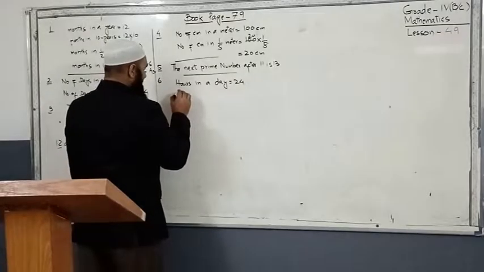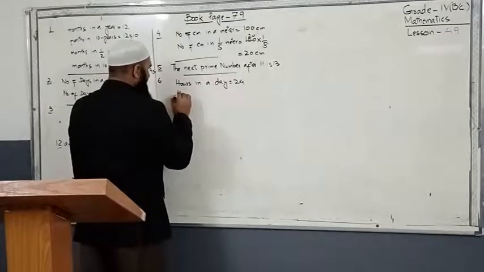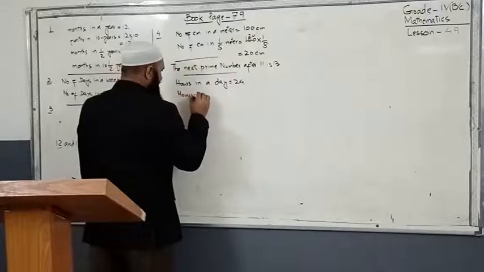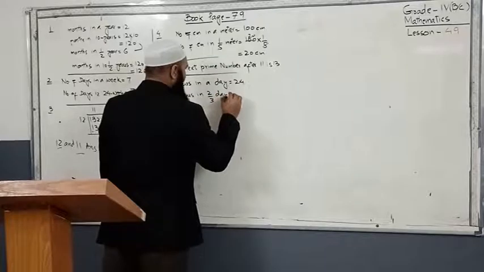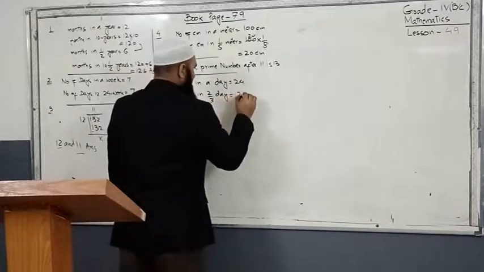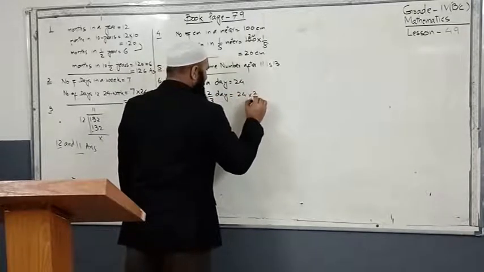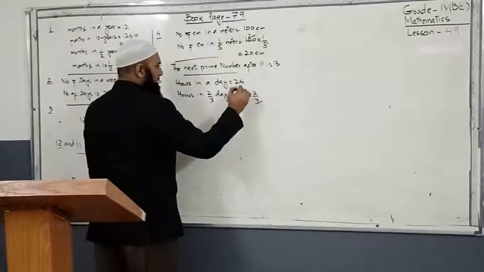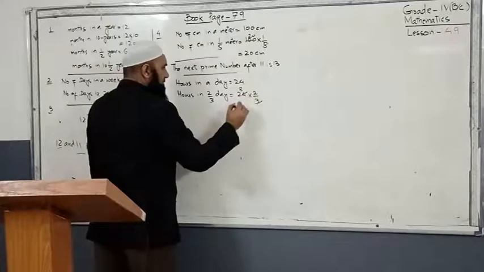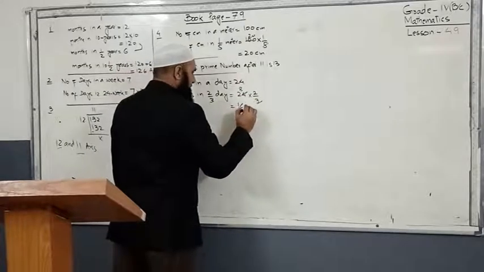Okay. Number of hours in 2/3 of a day will be equal to 24 multiplied by 2/3. Now divide 24 by 3, we get 8, and 8 multiplied by 2 will become 16 hours.